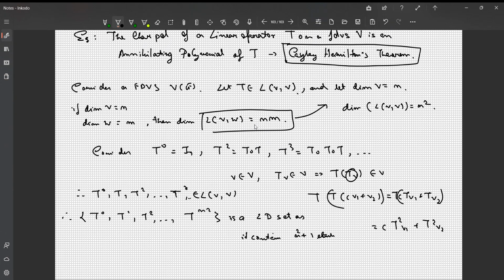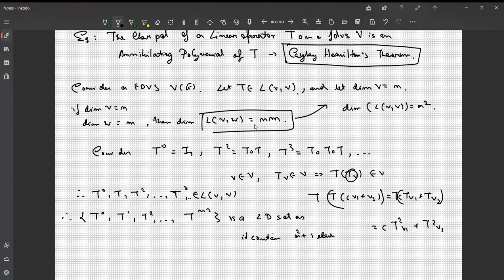Therefore, there exist scalars a0, a1, till a_{n squared}, not all 0, in F such that the summation of a_i T to the power i, i ranging from 0 to n squared, is equal to 0.